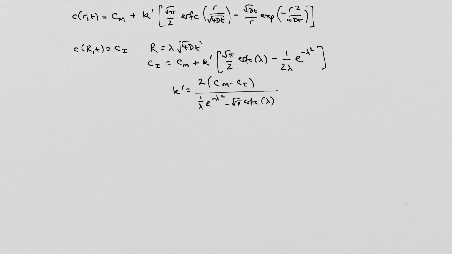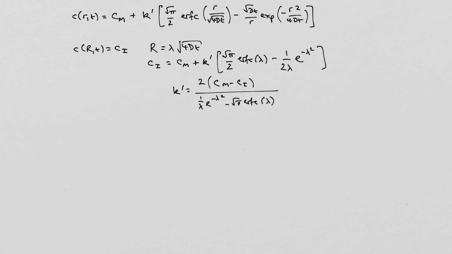A bit more complicated this time, but still of the same sort of form. Okay? So in other words, this constant here will depend upon lambda and the difference between those two concentrations there.